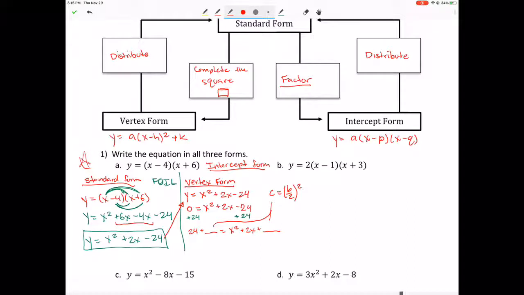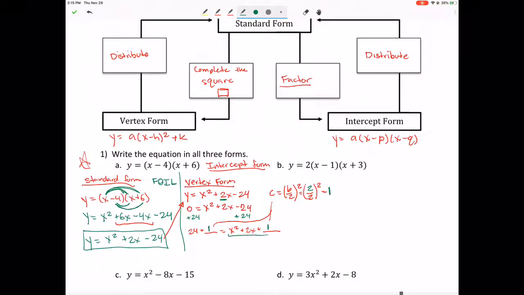For our problem, b is our middle term, which is 2. So we do 2 divided by 2 squared. That gives us 1. Okay, so it's 1. We'll put that in for our two spots.